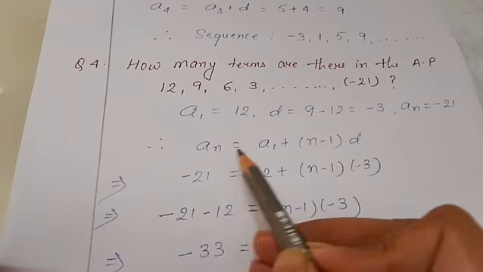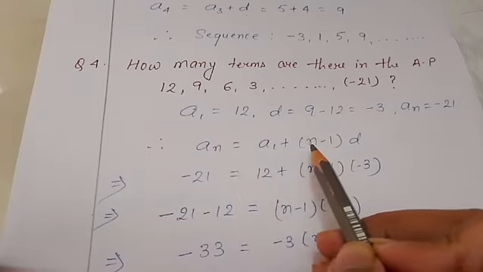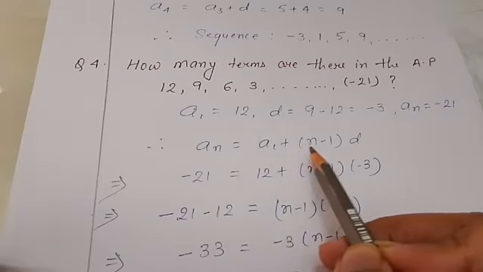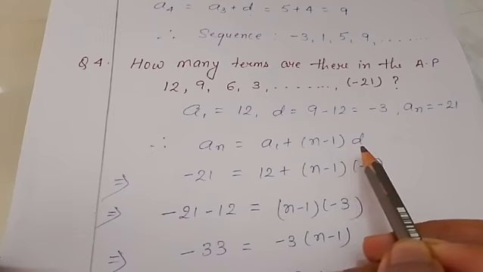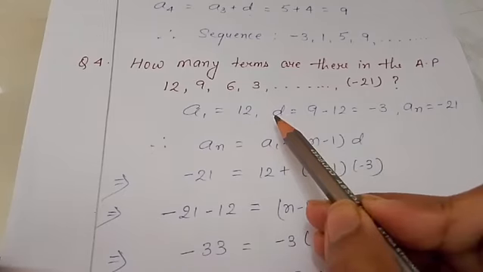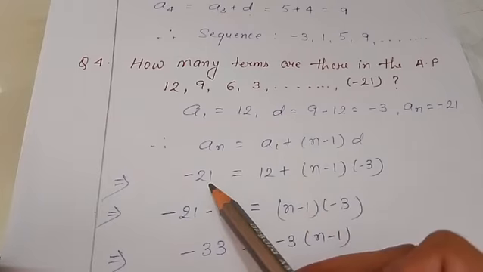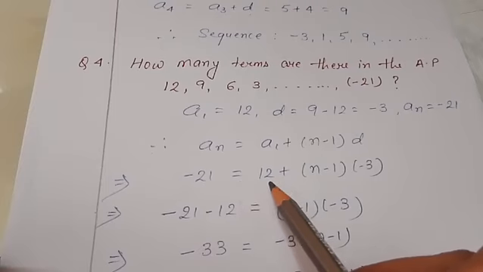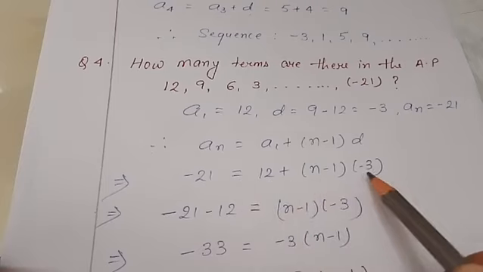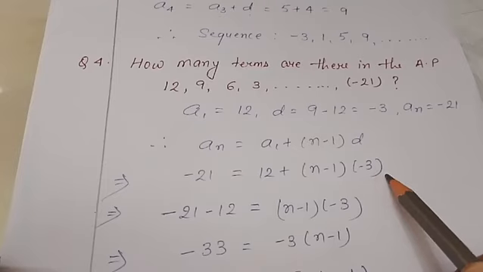Use nth term formula, which is an is equal to a1 plus n minus 1 into d. Substitute the value into the formula. Minus 21 is equal to 12 plus n minus 1 into minus 3.